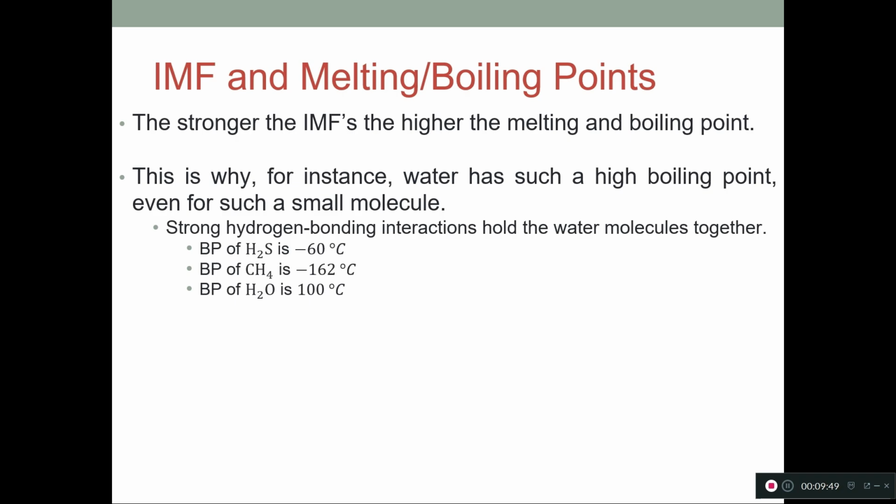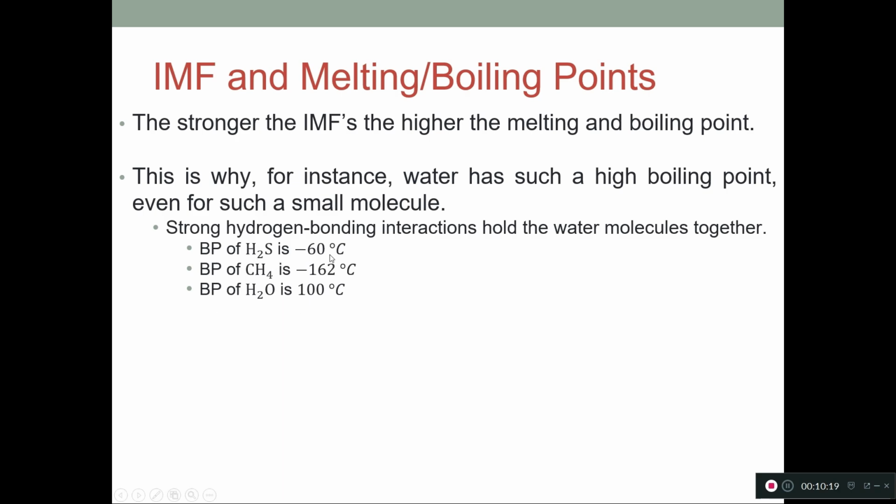So for instance, something like H2S, which is going to have a very similar structure, and sulfur is in the same column as oxygen, so you'd expect it to be very similar, but because there is a much smaller difference in electronegativity between hydrogen and sulfur, the boiling point for H2S is negative 60 degrees Celsius, where for water it's 100 degrees Celsius. And so that's just because of the polarity of the water molecule.